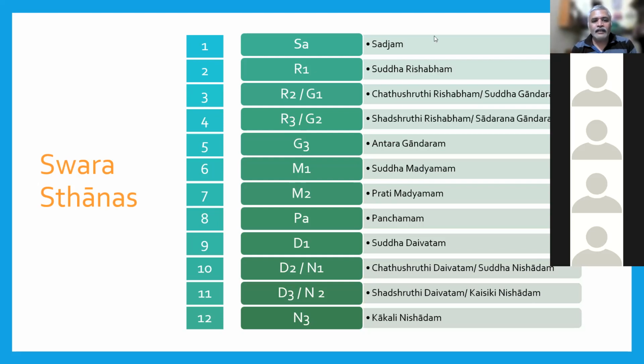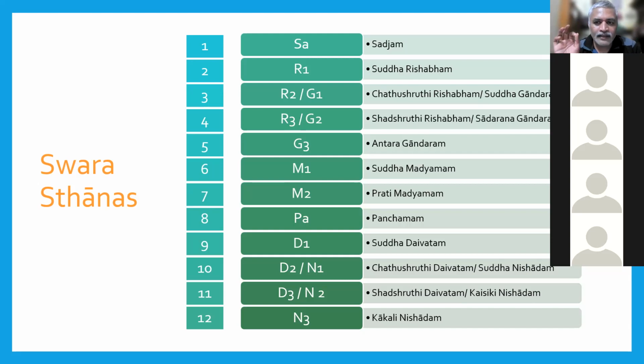Now, of these 12, the first one is your Adhara Shruti or Sajjam, Sa. Then Re 1 is called Shuddha Rishabham, that means pure Rishabha.